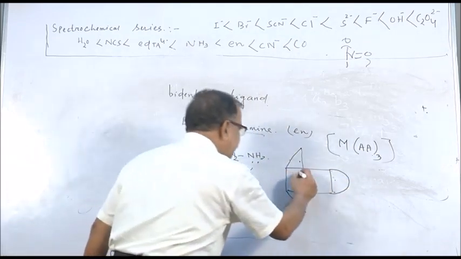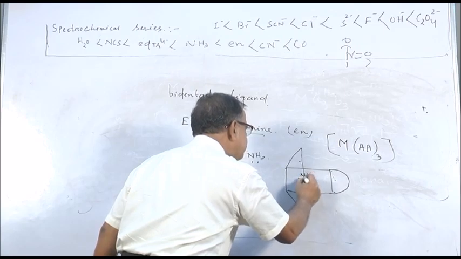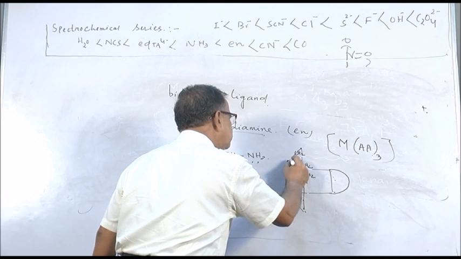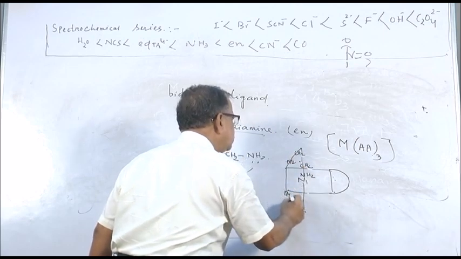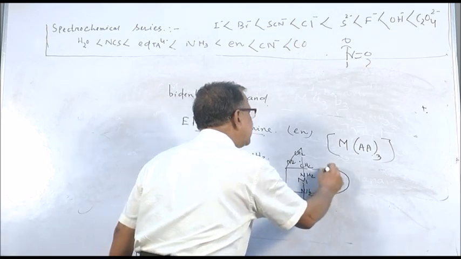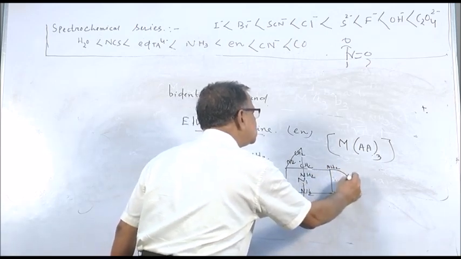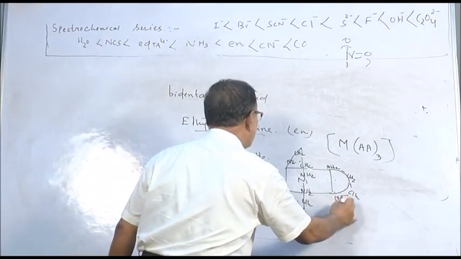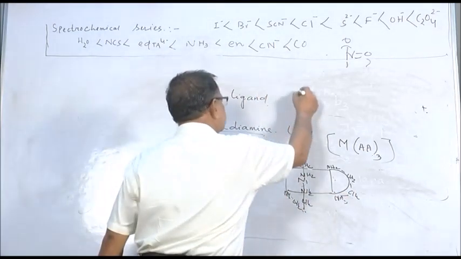Here is NH2, CH2, CH2, NH2, like this. In the simple way we may write only en like this.